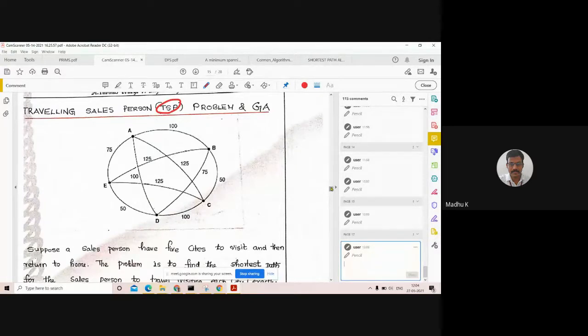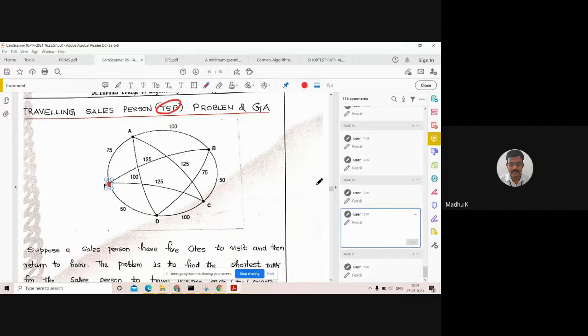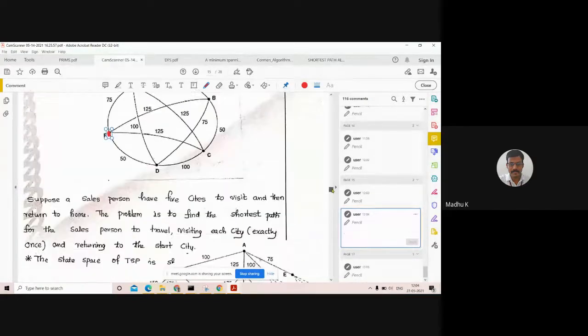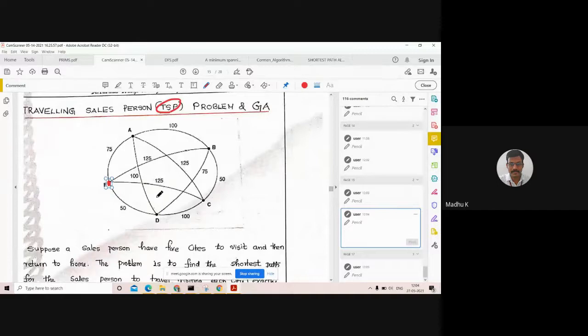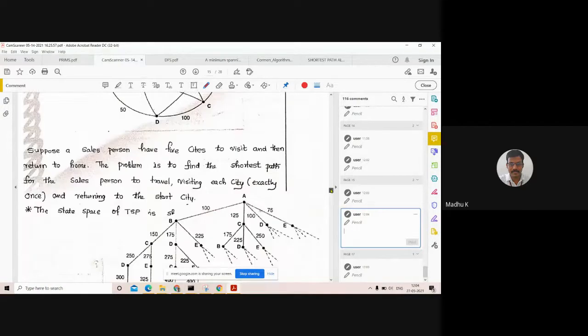What is TSP? Suppose I am a salesperson and I want to visit the cities in a minimum cost way. That is TSP. Suppose a salesperson has 5 cities to visit and return home.